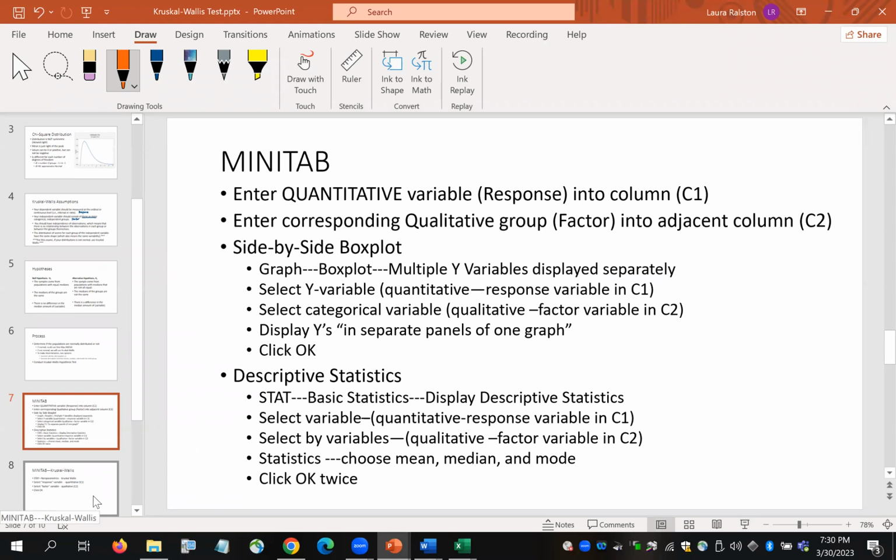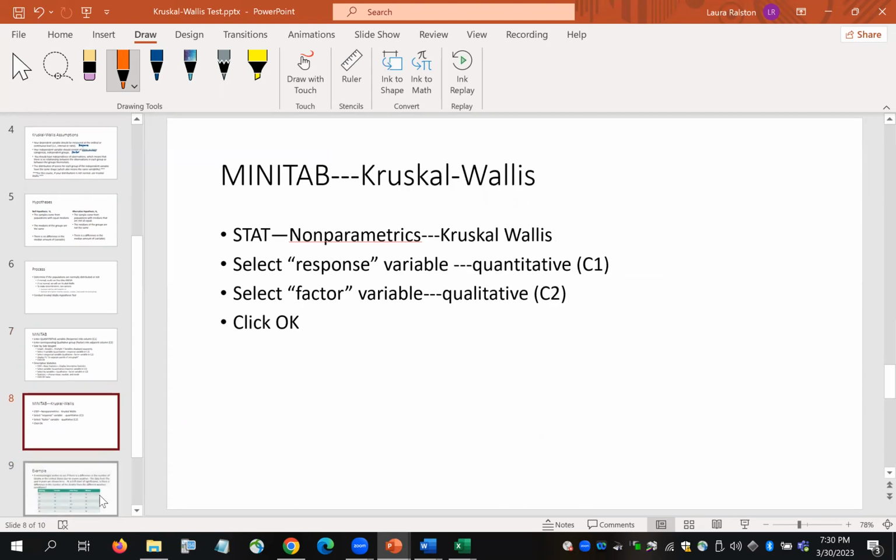I suppose we could run a normality test, but it's just as easy if you're looking at the groups, because otherwise you'd have to pre-sort. On slide 8, you have the keystrokes for Kruskal-Wallis.